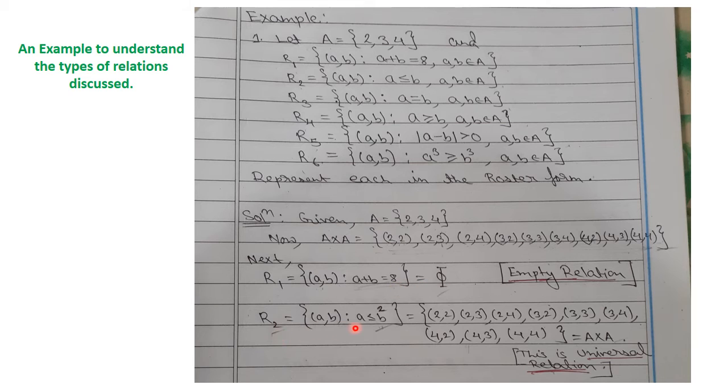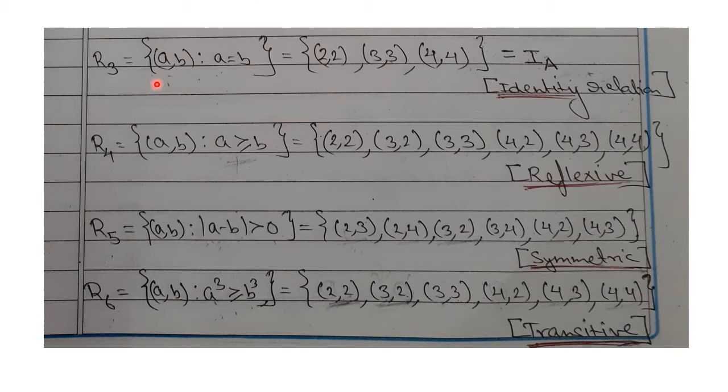Now next R2, for which A is less than or equal to B square. We see that each ordered pair of this A cross A satisfies this condition. Therefore R2 is nothing but A cross A only, so R2 is a universal relation. Next is R3.